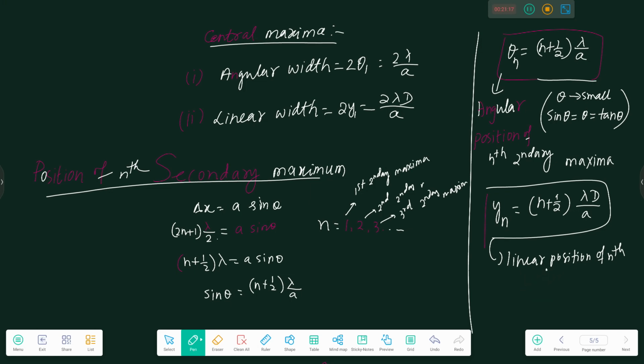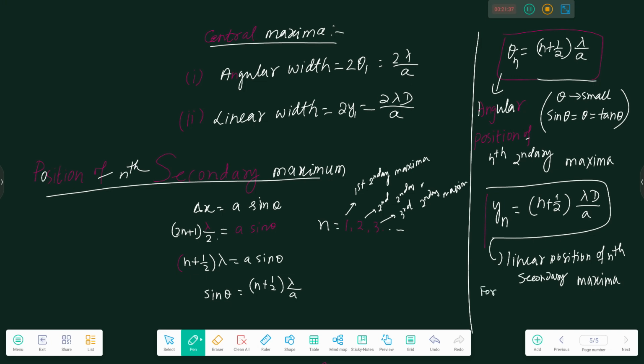I am writing secondary in shortcut as 2ndry maximum. Write secondary, otherwise you will get confused. Remember y.